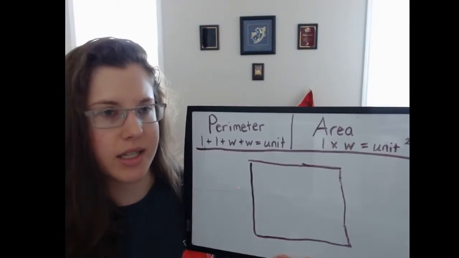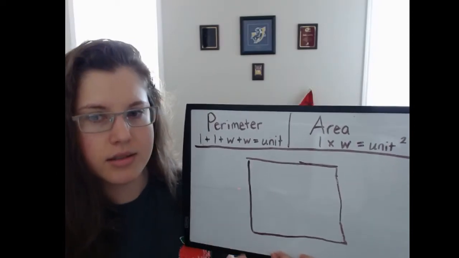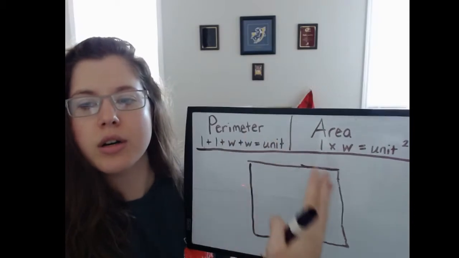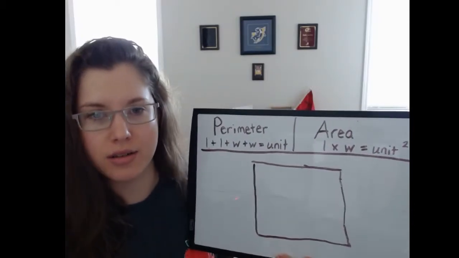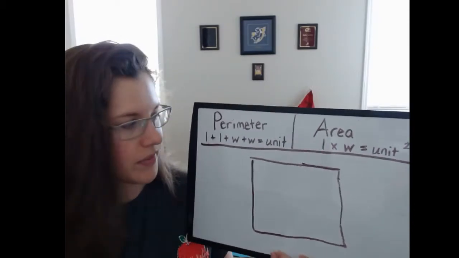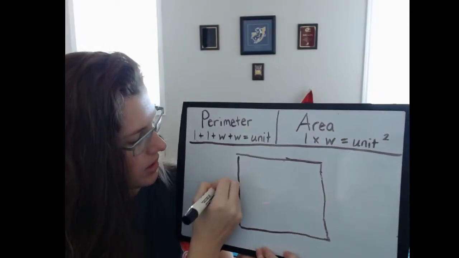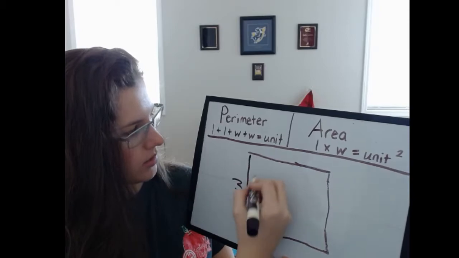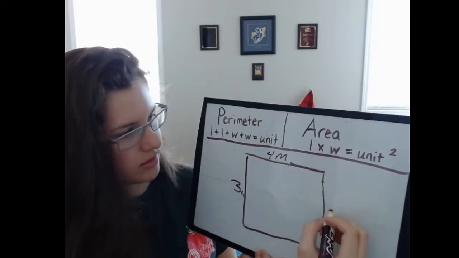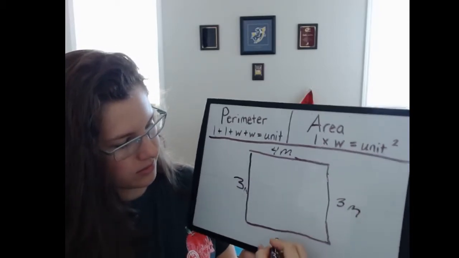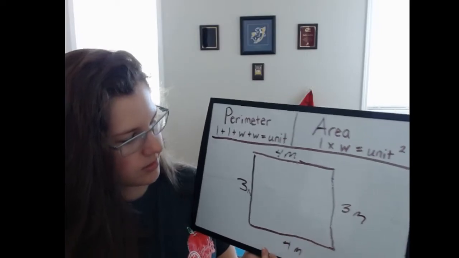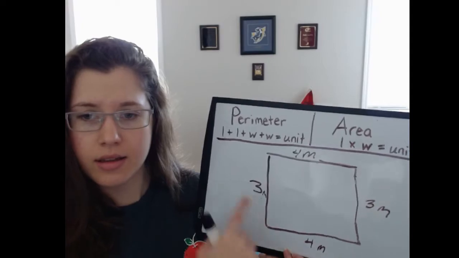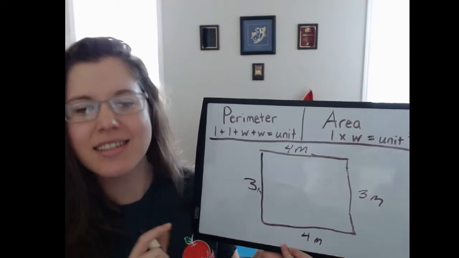Obviously, if something says 3 meters, 4 meters, 3 meters, 4 meters, your page is not a meter long, so it's not actually that size. So, since I just said that, we'll do 3 meters, 4 meters, 3 meters, 4 meters. Yes, I know that M is ugly.